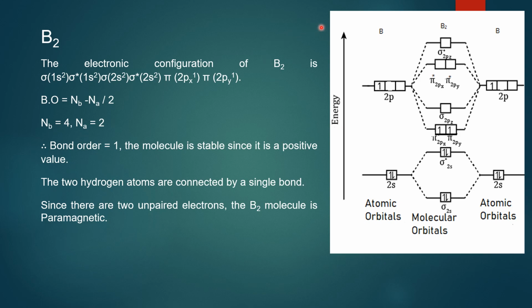Coming to the next overlapping, that is 2p overlapping. Here the number of boxes in both 2p are 6 boxes. The obtained boxes in the middle position are also 6. It is a species containing 10 electrons, right? We should use the first code, that is 2121.